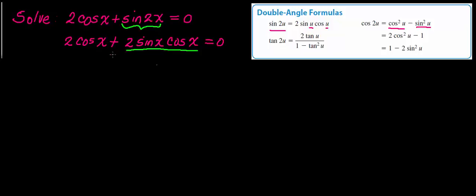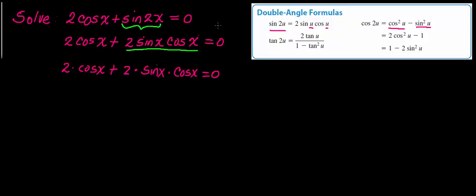So to make this easier to visualize, I'm going to write this as products. I'm going to take 2 cosine x and write it as 2 times the cosine of x plus 2 times sine x times cosine x equals 0.